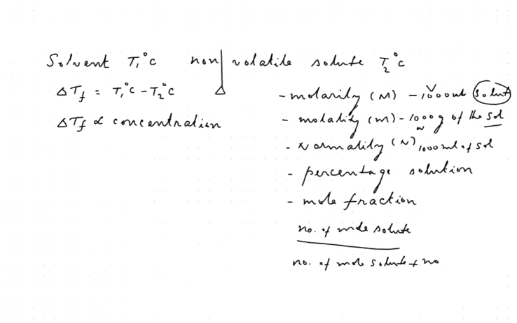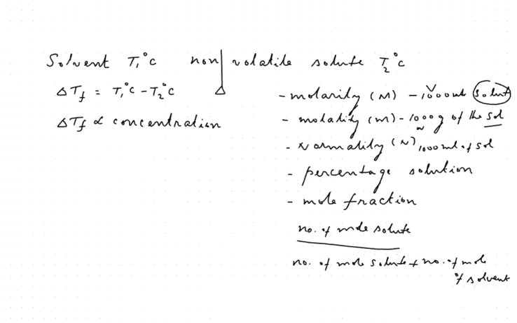That is why mole fraction is always a fraction. Also, the mole fraction of solute plus the mole fraction of solvent will be unity. So whenever the mole fraction of solvent is given, you can directly subtract it from 1 to get the mole fraction of the solute, and vice versa.